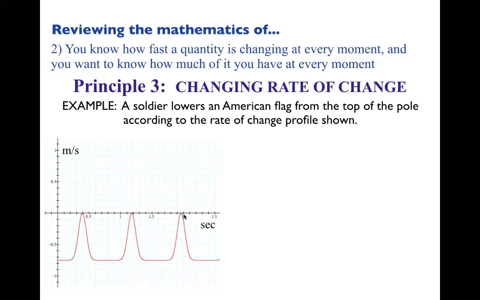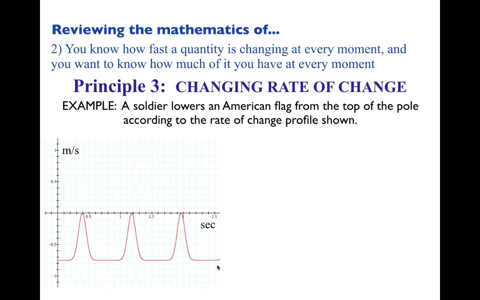So why would that be more realistic? Many of you are thinking this is when the soldier is changing hands, right? When the soldier changes hands, the flag is going to pause for a moment, and then when the soldier is actually pulling the rope down, that's where the constant rate occurs, and then change hands, and then pull, and then constant, and change hands, and then pull.